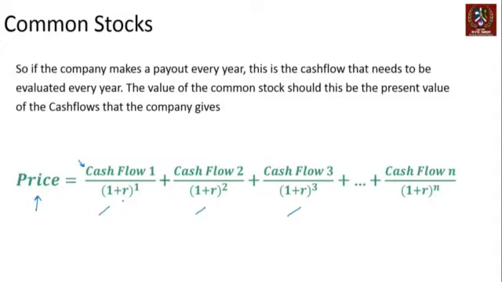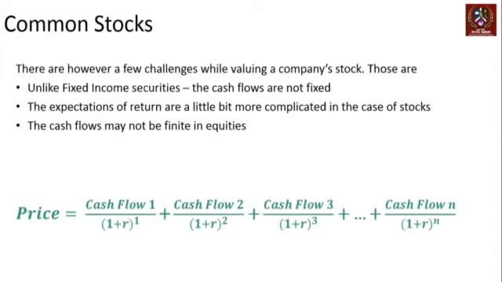Now, there are a few issues or complications that arise when you're evaluating a stock as against a bond, right? What are these issues? Issue one is that unlike a bond, where the cash flows are fixed because they are coupon payments, the numerator in the equation is fixed, the cash flows in equities are not fixed.